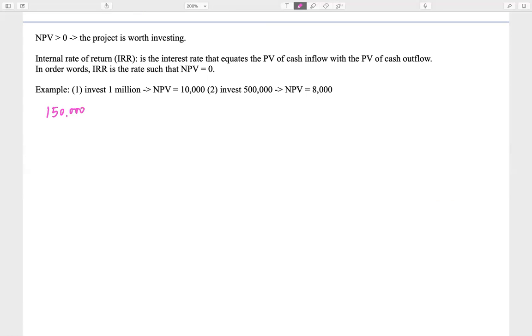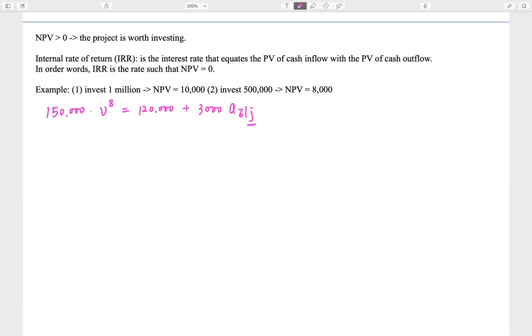This is the future income, so let's discount. This should be equal to the present value of cash outflow. We are trying to solve this equation. Let's say J is what we are trying to solve.